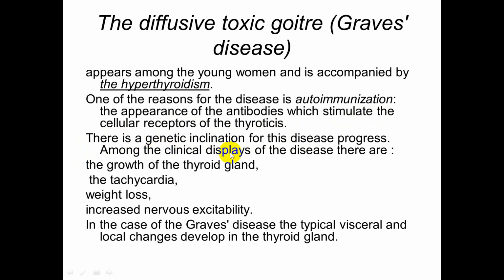Among the clinical displays are growth of the thyroid gland, tachycardia, weight loss, and increased nervous irritability. In Graves' disease, typical visceral and local changes develop in the thyroid gland.